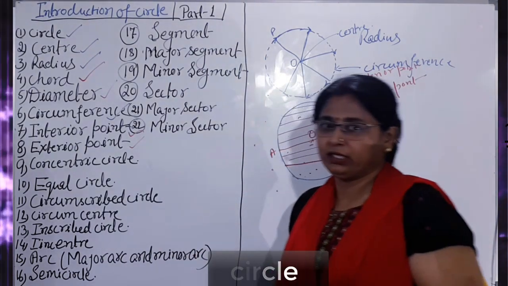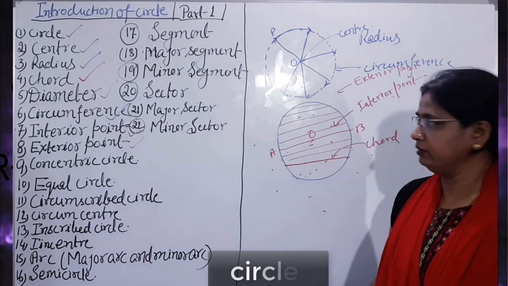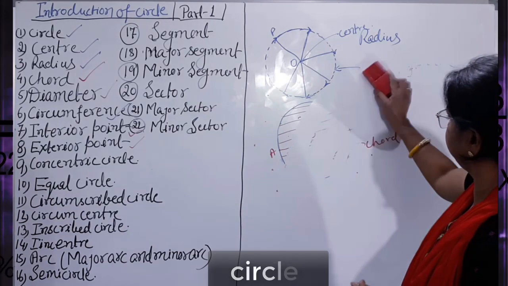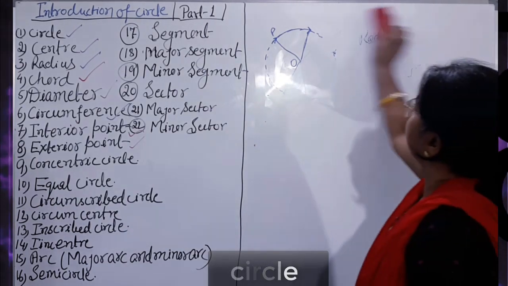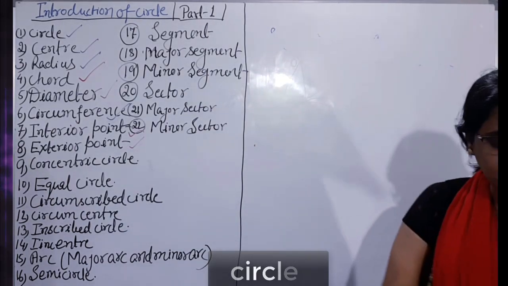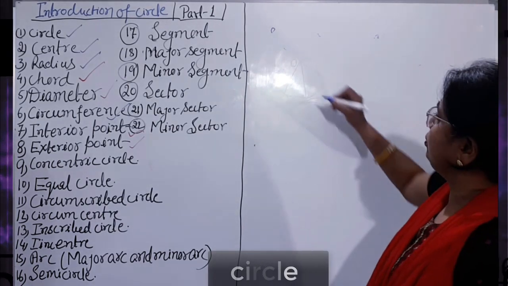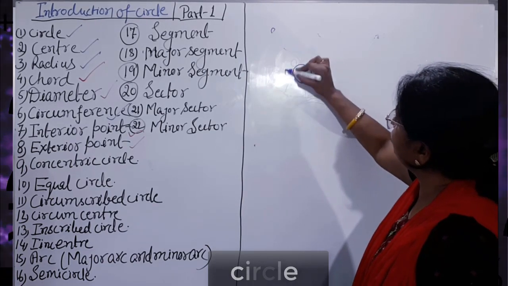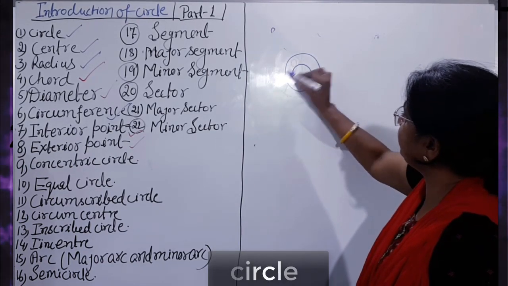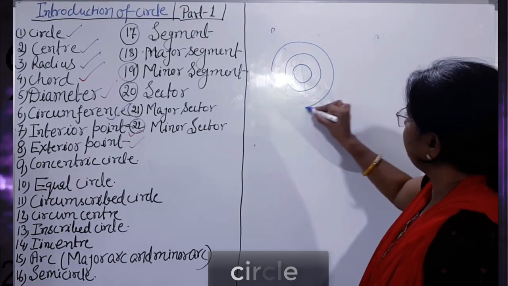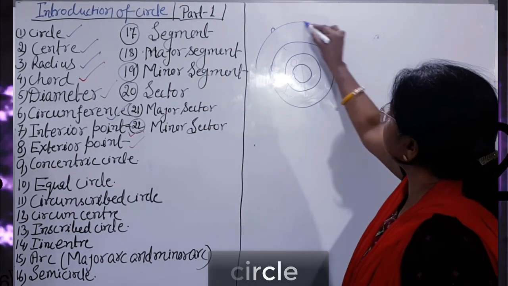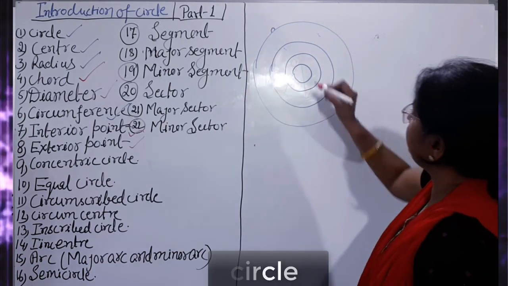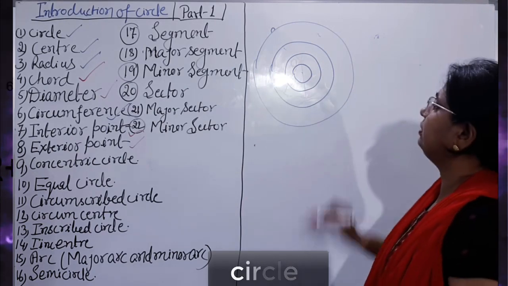Now concentric circle. Two or more than two circles that have their common center are called concentric circles.